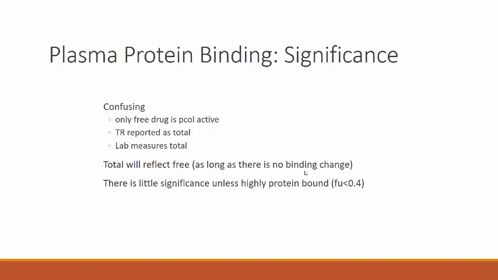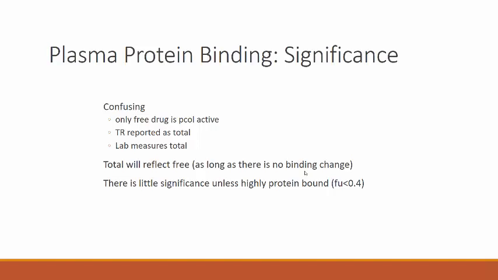But if binding is changing, then total will not reflect what's happening with free. It might be misleading. We might see toxicity if more drug is free, even though the concentration hasn't changed. Total concentration hasn't changed, but the free concentration has increased because our fraction unbound has increased. So that's important to know.